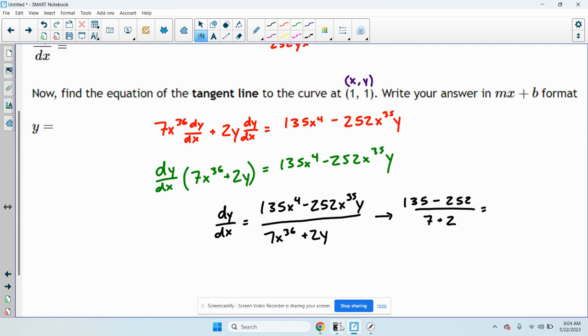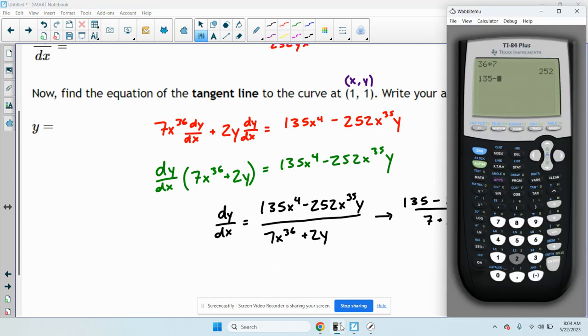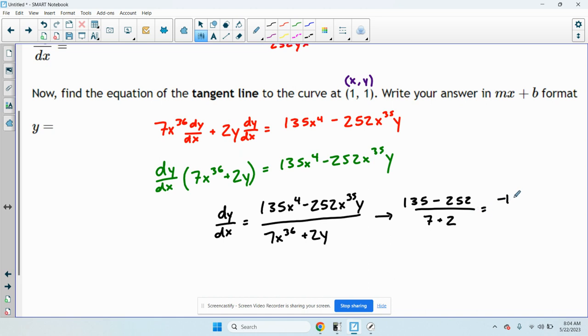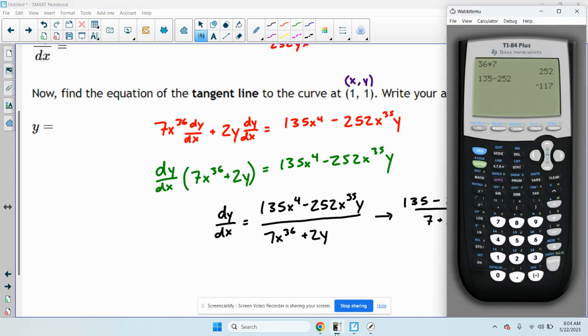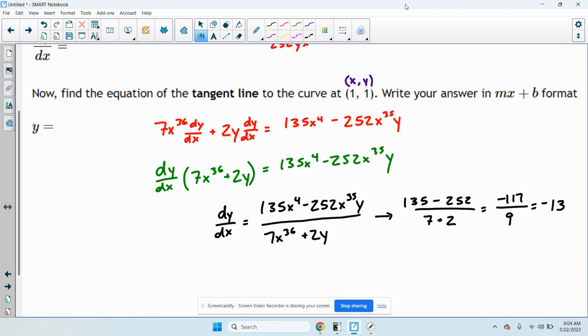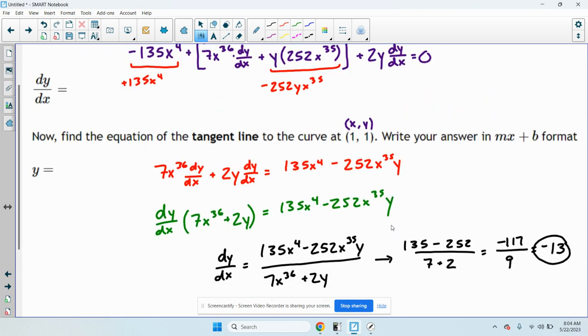Well, that's nice. 135 minus 252, it'd be negative 117 over 9. That's going to be negative 13. Well, that works out pretty nice. So there's our slope. That's m.